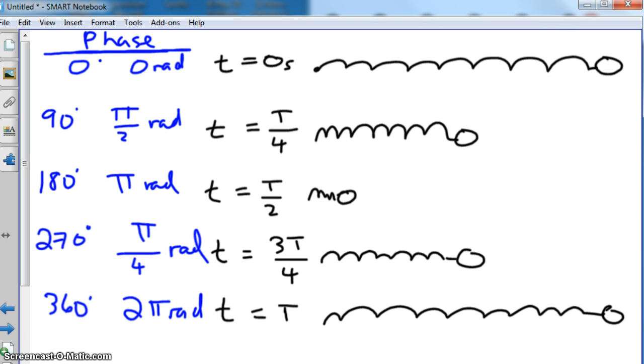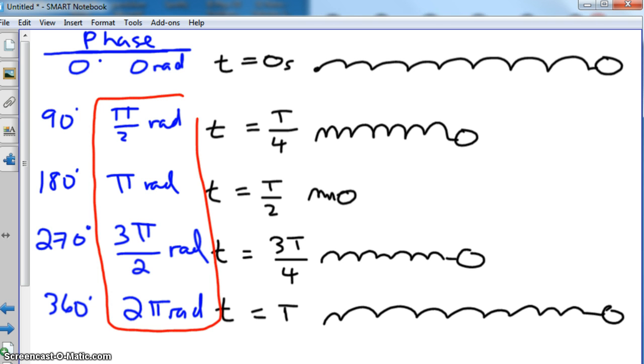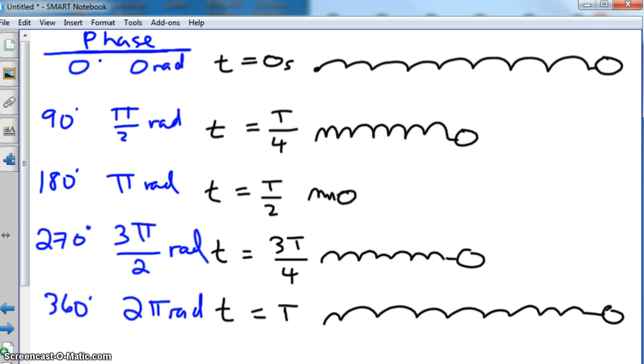It's 3 pi over 2, excuse me. And what we use in IB physics typically is radians, not degrees, to express the phase, the stage.